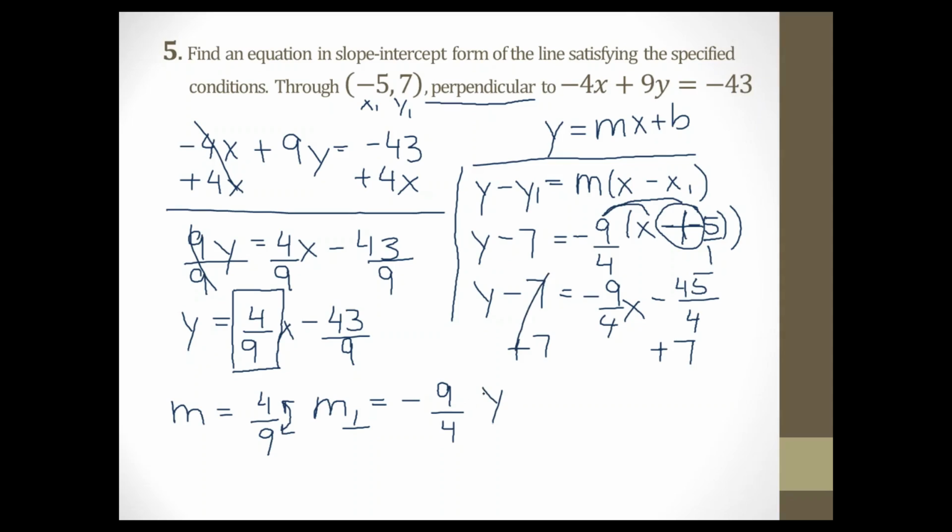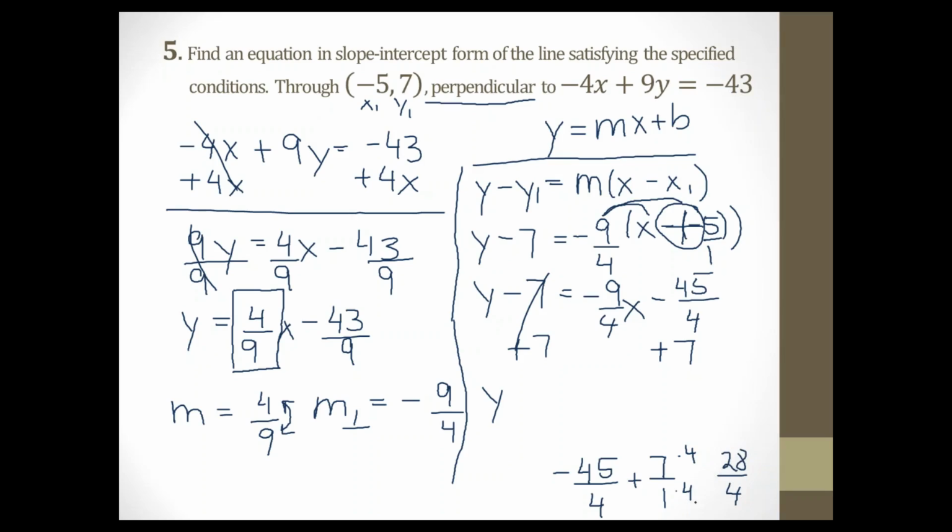Now my y is isolated, but I'm going to have to do a little bit of side work, because if you remember, when you're adding or subtracting fractions, you need the same common denominator, and in this case I have a denominator of 1. So my least common denominator would be 4, which means on this side I have to multiply top and bottom by 4. That will give me 28 over 4.